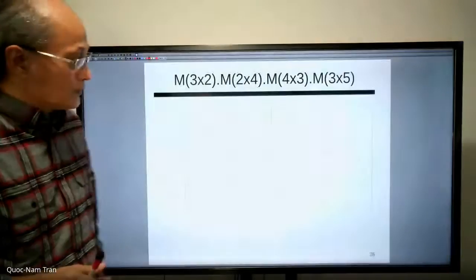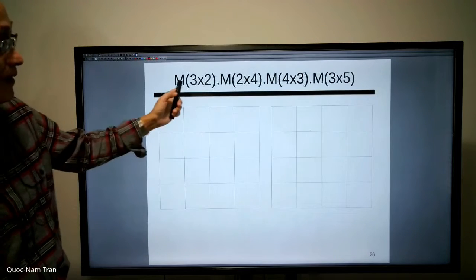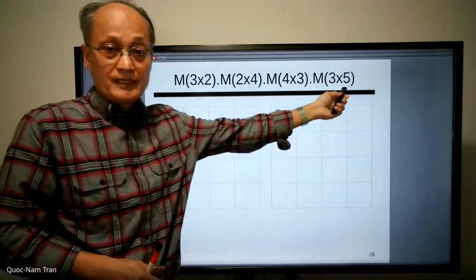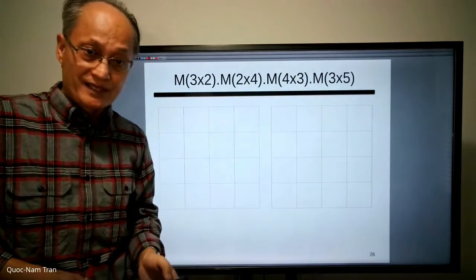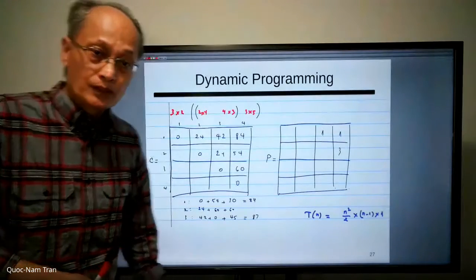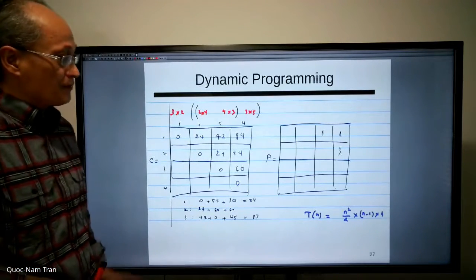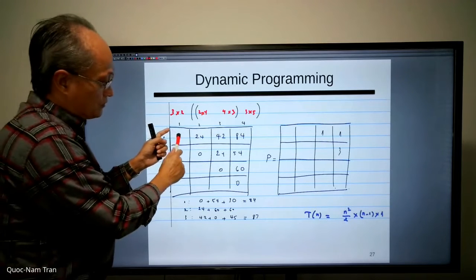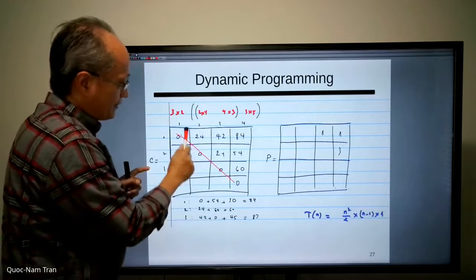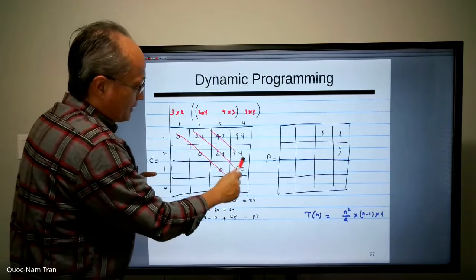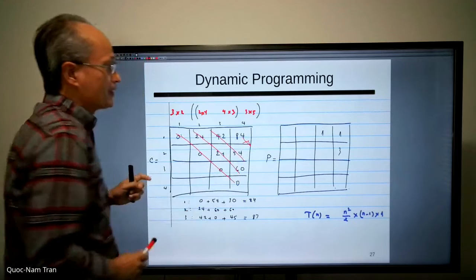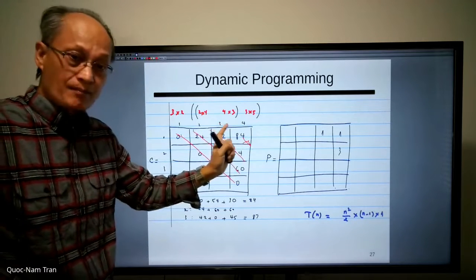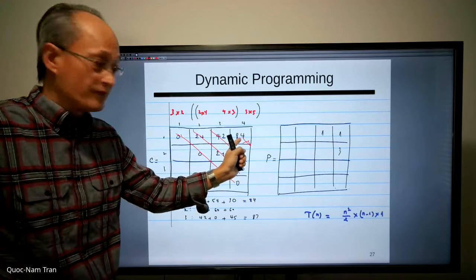So that was what we had before when we tried to find out what is the best way to multiply these four matrices. Last time we went through the steps and found out that we go diagonal by diagonal, and finally we reach this point, and that is the number of smallest multiplication we have to perform.